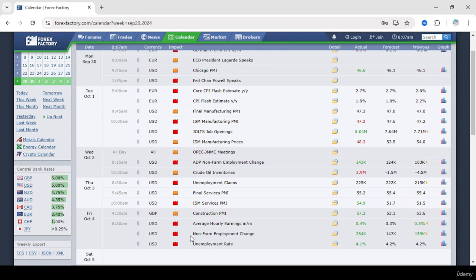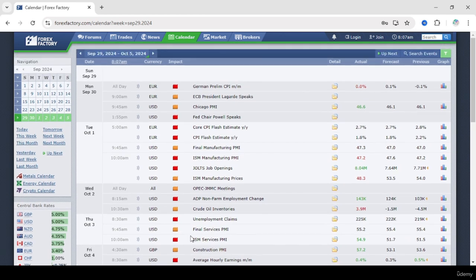So every time you come to trade, every trading day, every trading week, we use the economic calendar to plan our trades, our trade setup, and even to plan our week, how it may go and what we expect of the week. That's it for this lesson. Thank you.